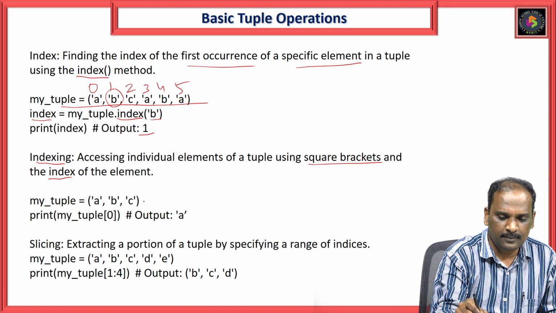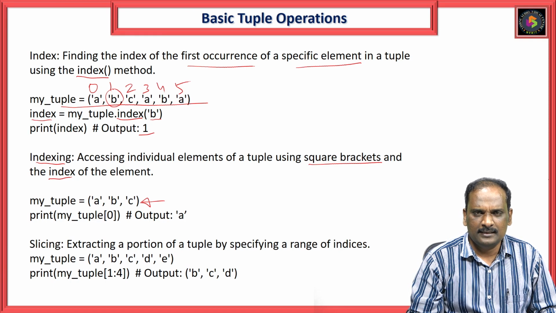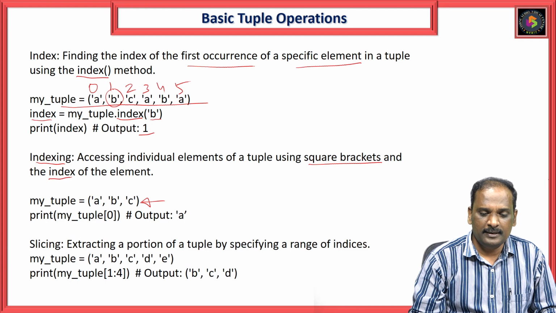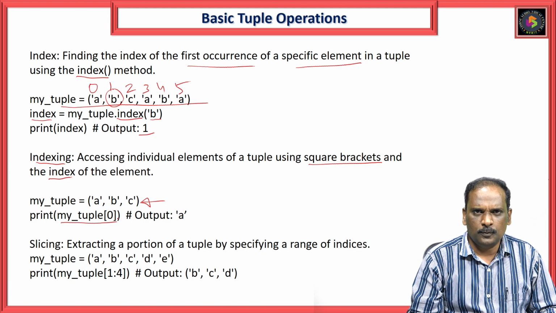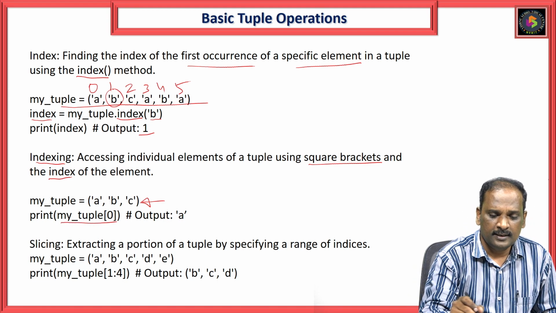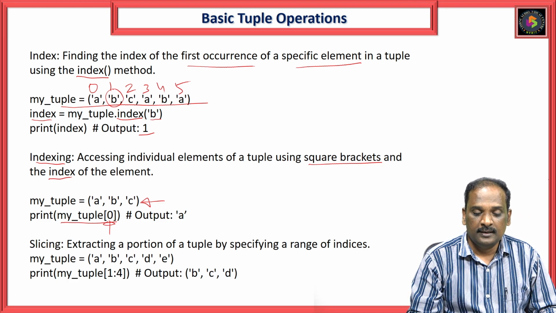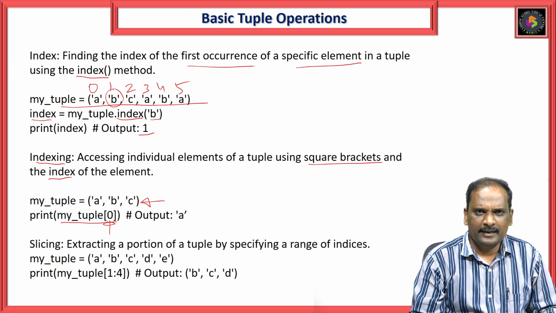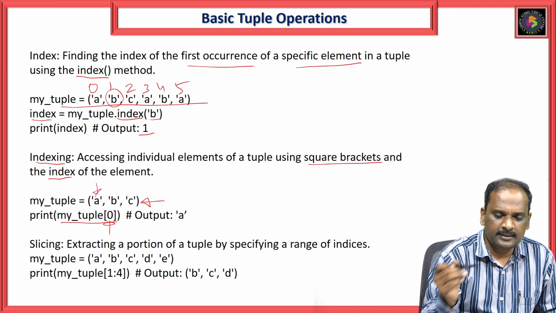For example, here my tuple is containing 3 elements A, B, C. Now I am printing my tuple of 0, so I am passing the index 0, using my tuple, square brackets, and the index. What is the element at the 0th index?